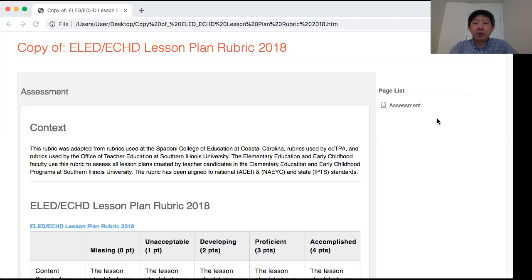And on May 11th, you should be able to check your final grade for this semester on D2L, okay? All right, let's go over the lesson plan rubric.